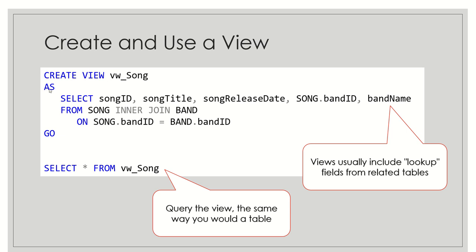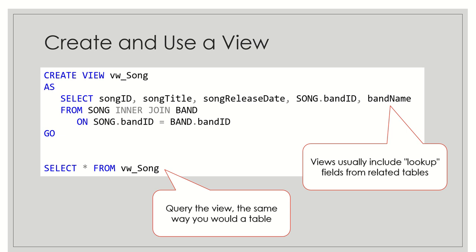Then we can use the word as to indicate that the view select query, or we call that the source, is coming next. After your create statement, you would need to put a go statement in there for batching, because as we know, create statements must be alone in a batch. So a view, like a table or any other database object that you create, you just need to create it once and then you can call on it later.